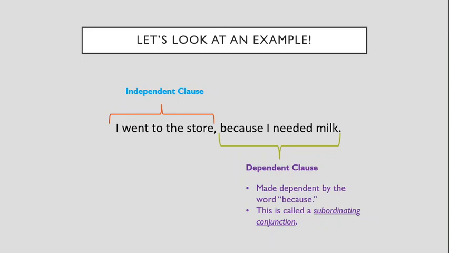So if someone said, because I needed milk, it's the word because that makes you know that something is left out. Other words that function like this are while. All right, if someone said to you something along the lines of, while I was at the store, and that was it, that was the end of the sentence, you know that it is incomplete because of the word while.